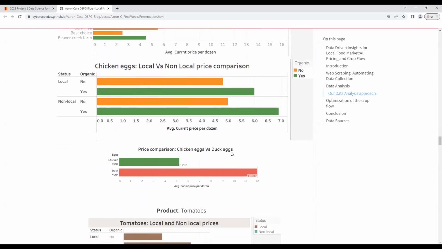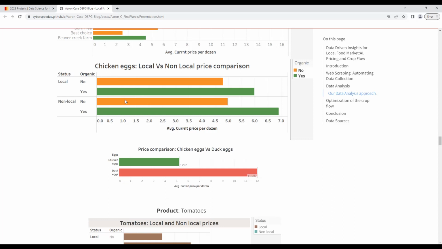Now here we have the chicken eggs local and non-local price comparison. One thing to notice here is that in the case of non-organic, whether local or non-local, there is not much difference between the prices.